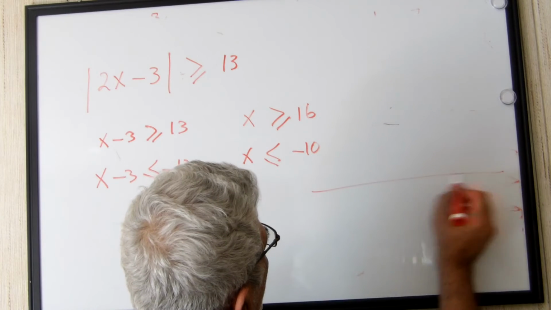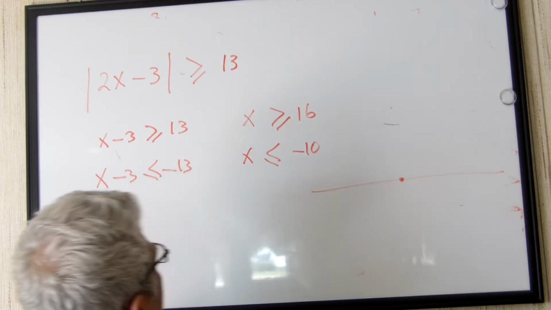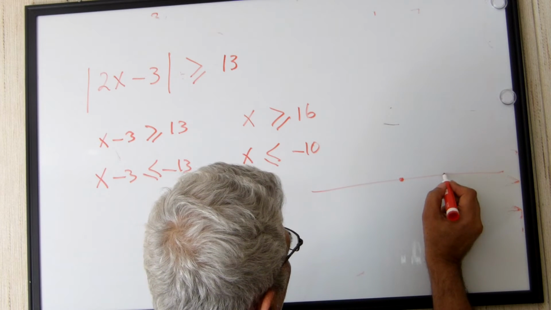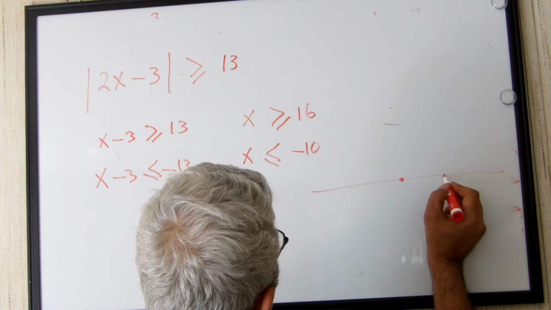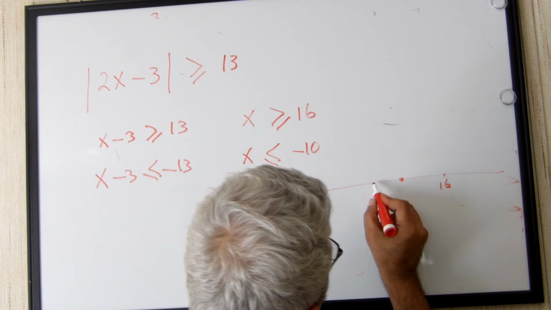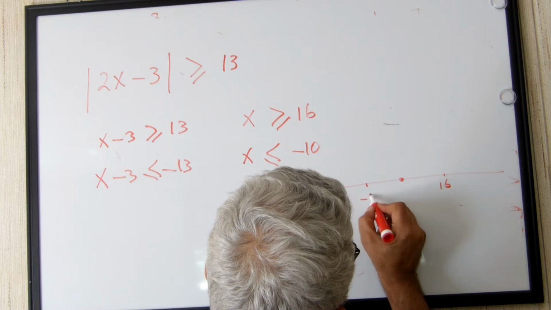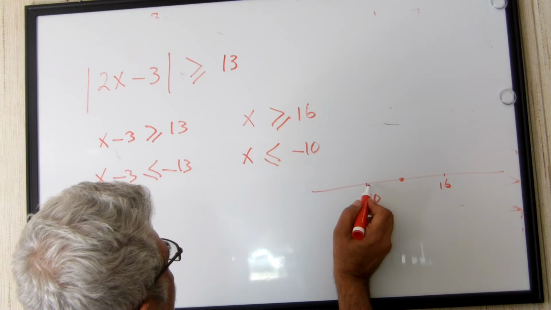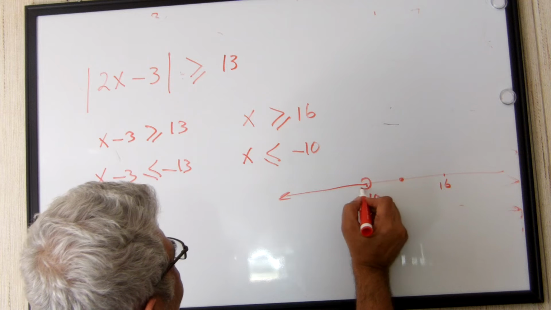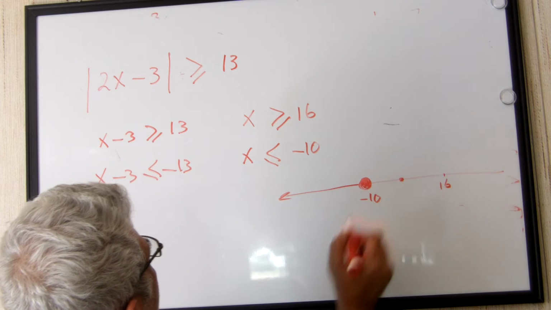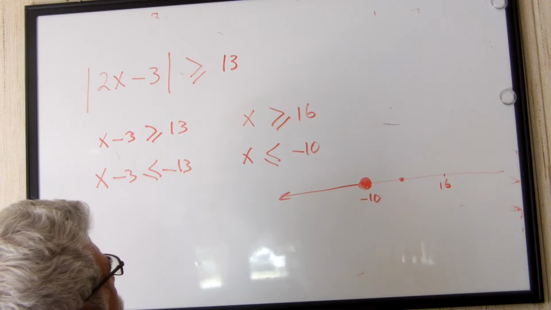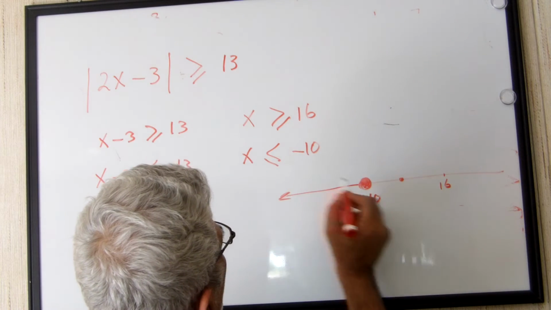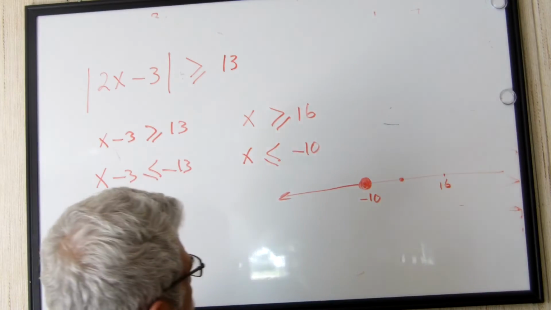If we draw this, suppose here is 16, and to the scale this is minus 10. It's going to be less than or equal to, so this time we have a closed circle because it's less than or equal to minus 10.